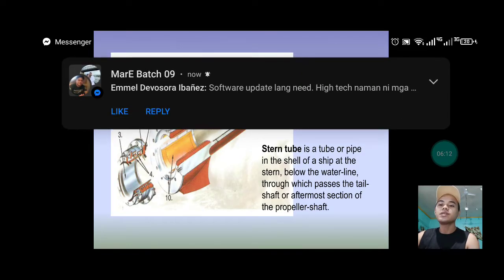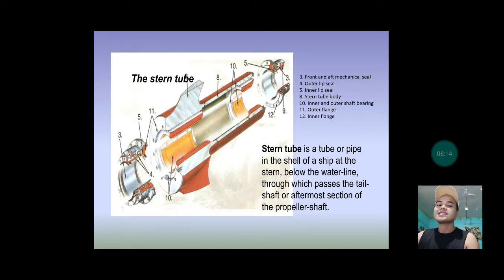Okay, next we have also the stern tube. At the back of the ship there will be our propeller shaft connected to the propeller, and if you don't have any sealing protection, the seawater from outside of the ship will enter the ship via the propeller shaft.